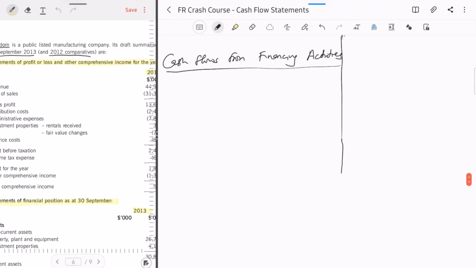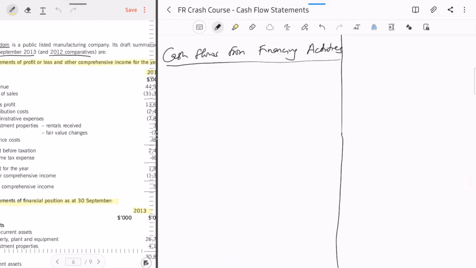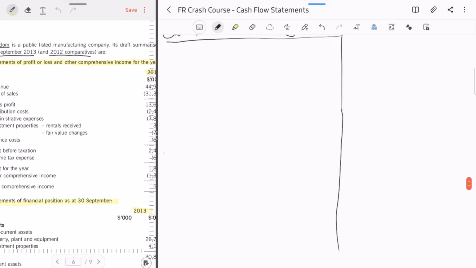So let's come to investing, financing, right? After financing, you have something called, so you can just write, net increase or decrease in cash and cash equivalents. I'll fill it out very soon, so don't worry. Let me use little space.